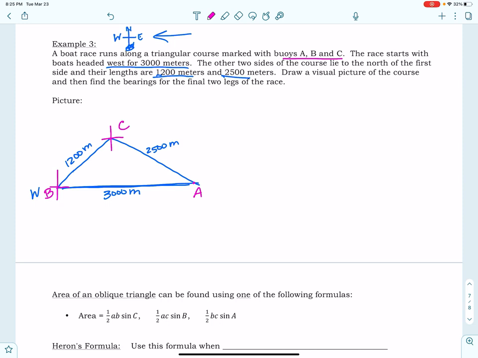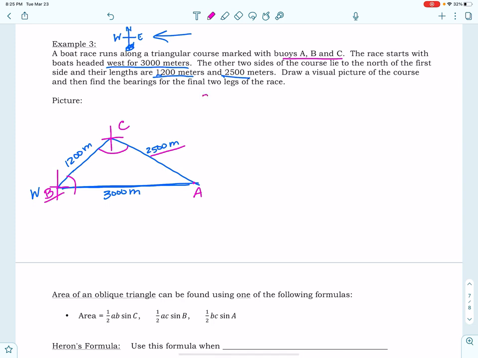All right, so in order to do this, I'm going to need some angle measures. I'm going to need this angle measure right here, and I'm going to need this angle measure. Well, if you'll notice, this is an oblique triangle. That means it's not a right triangle, in which I know all three of the sides, but none of the angles. This is the perfect setup for the law of cosines. So I am going to just start with 2,500 because it's across from B, and that's one of the angles I need to know.